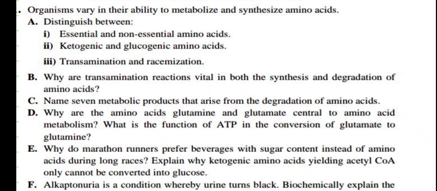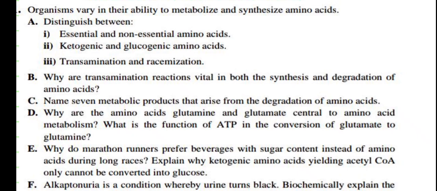So the body wants to reduce those levels of glutamate. What is it going to do with it? It can perform this transamination. It's going to take the amino groups on that glutamate and give them to other alpha keto acids to form different amino acids that are minimal. So transamination is used in the regulation of amino acid amounts in the body. That's one of the responses that you can give.